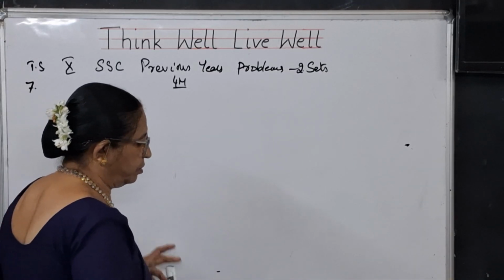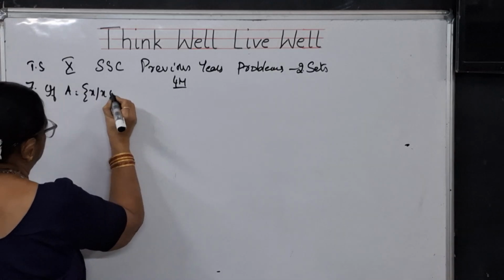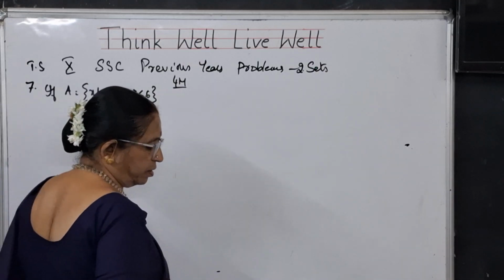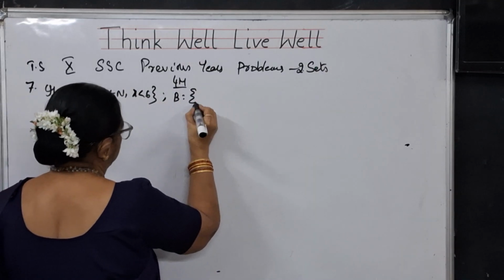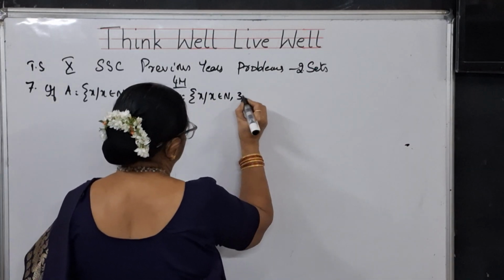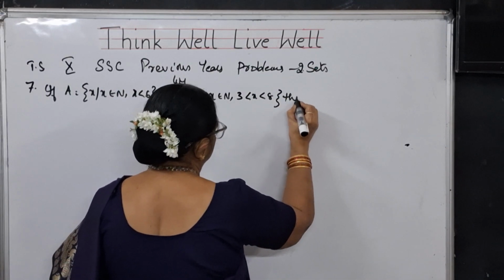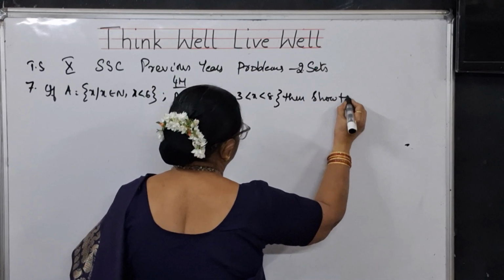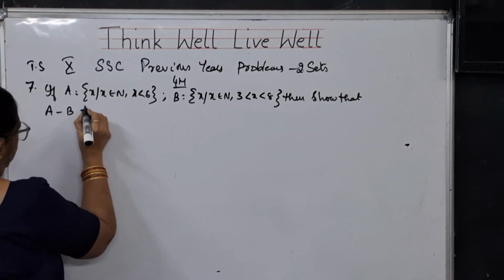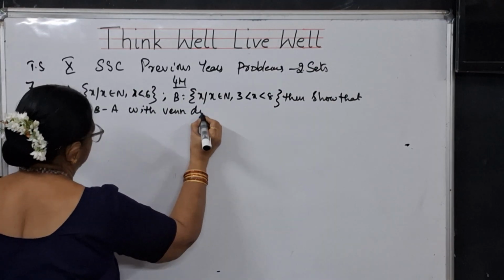If A is equal to x such that x belongs to N and x is less than 6, B is equal to x such that x belongs to N, 3 less than x less than 8, then show that A minus B is not equal to B minus A with a Venn diagram.